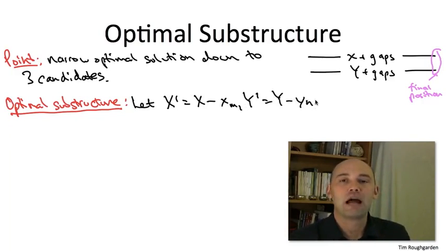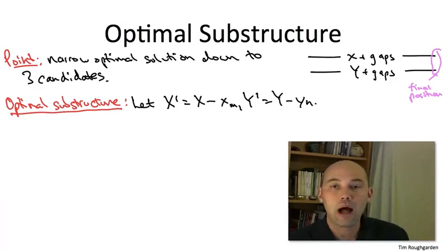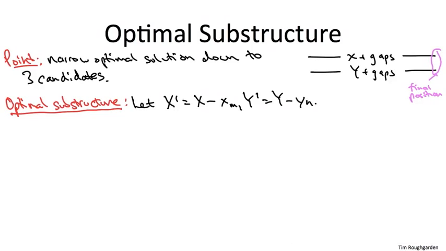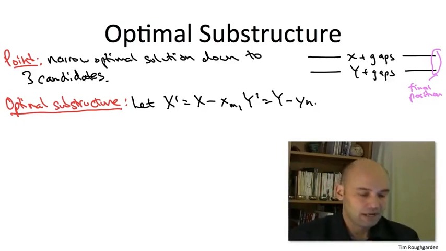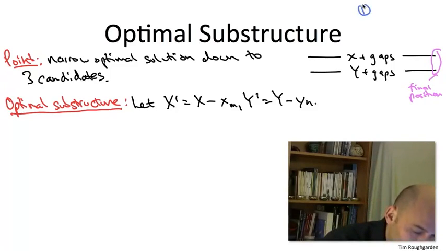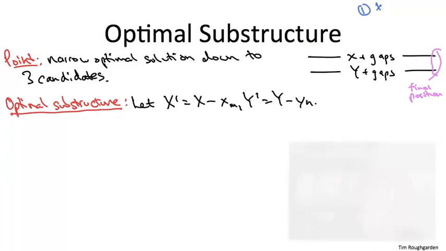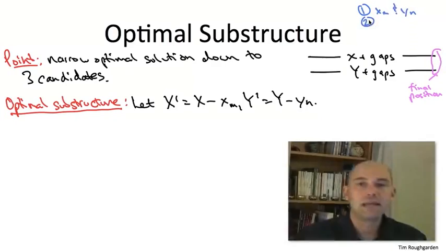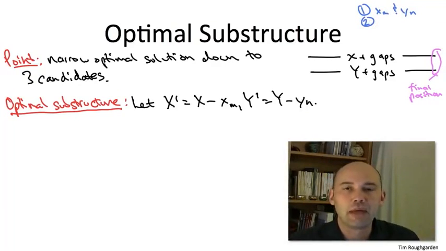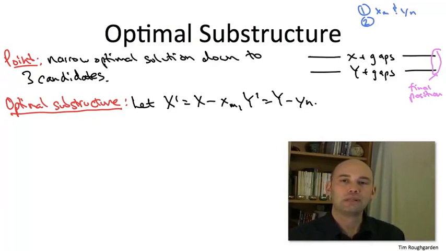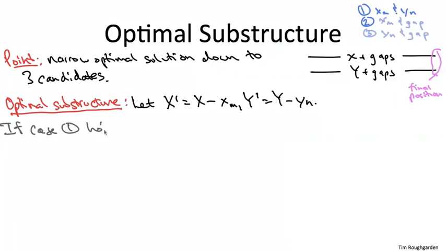So let's let X prime be X with its final character peeled off. Y prime is going to be Y with its final character peeled off. So let me just remind you how I numbered the 3 cases. Case 1 is when the final position contains the final characters of both of the 2 strings, that is when there's no gaps. Case 2 is when little x sub m gets matched with a gap, and case 3 is when little y sub n gets matched with a gap.